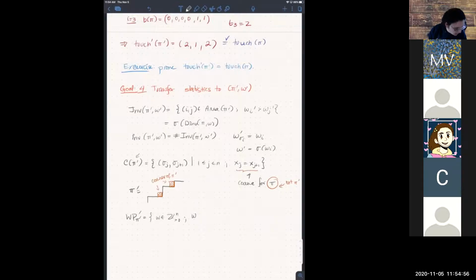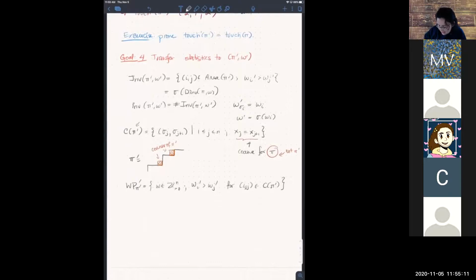So if we have wi prime is bigger than wj prime, for i and j in c of pi prime. Here, the condition is that the corresponding entries of the word, corresponding to the corners, satisfy this condition, which seems really weird.